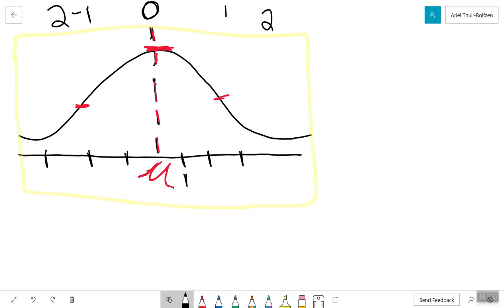This is going to be 1, 2, 3, and this is going to be -1, -2, and -3. So we know that our bell curve is symmetrical. There's the same area on both sides of my curve.